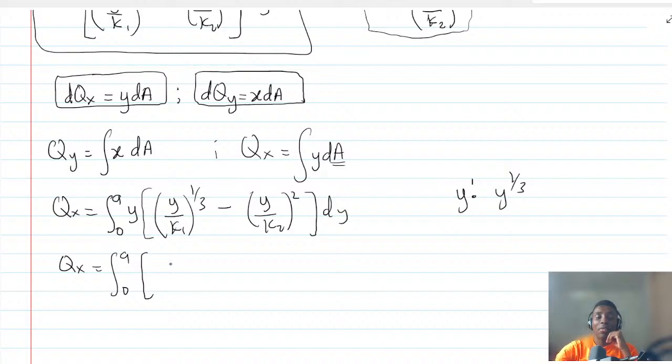Let me just put it as it is: 1 over k1 cubed.